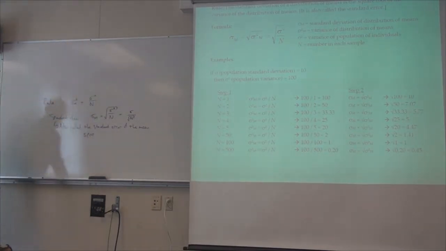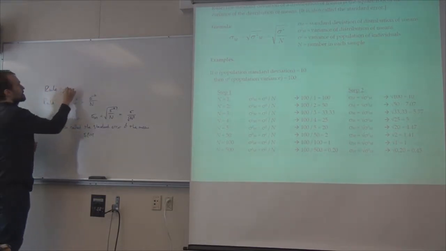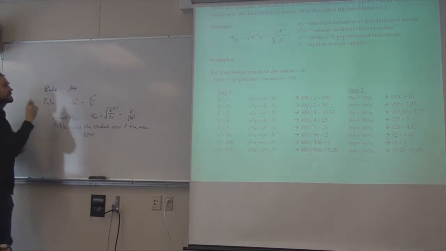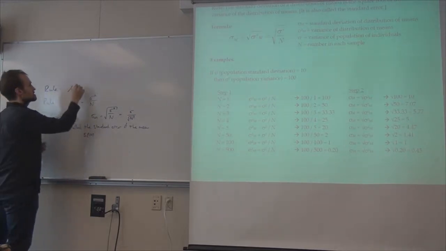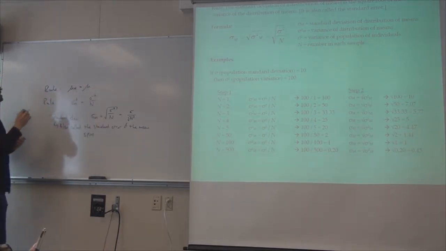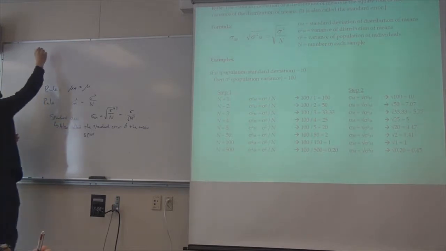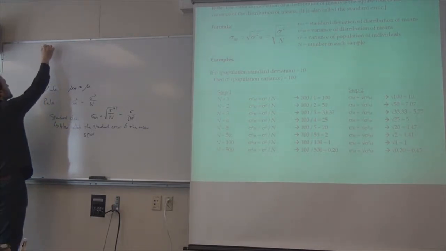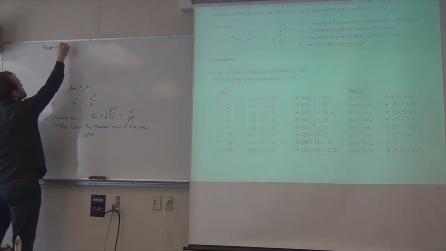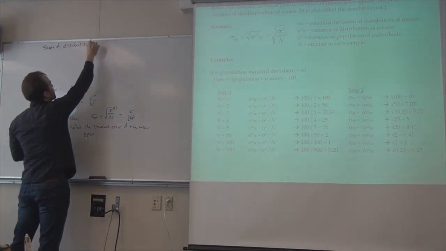So let me just rewrite this. That the mean of that distribution of means is the same as the population mean. So what people have found was two things. Let's look at the shape of the distribution of means.